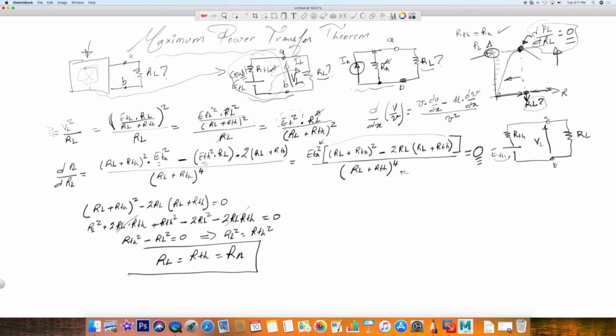So this here is your proof to say, okay, what will be the best value for RL for maximum power transfer? Okay, once we've reached this conclusion, then can we find what is the maximum power? The answer is yes. That's not a problem at all.